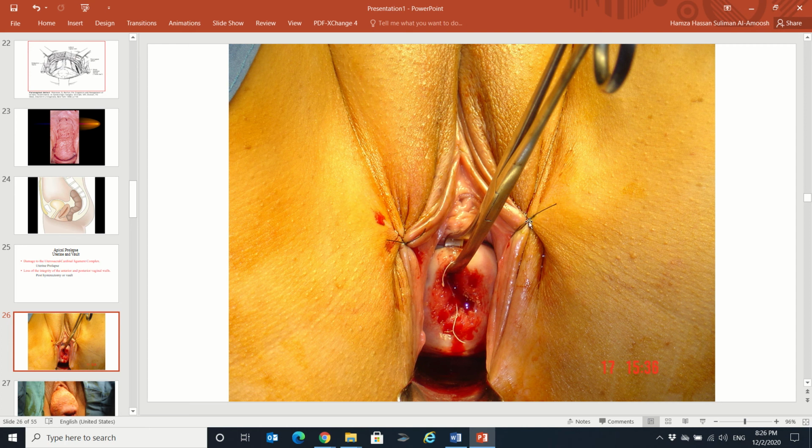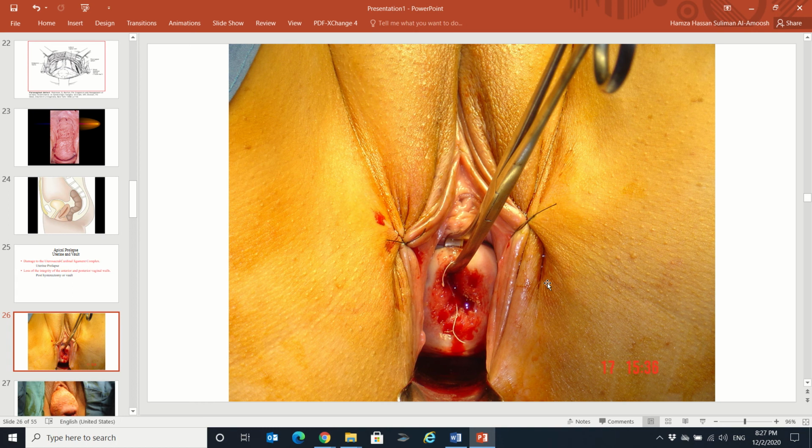As you can see, there are stitches here, so the patient is asleep during operation in theater, and this is the best time to assess for prolapse, because the way you assess prolapse is you pick up the prolapsing part and pull it down to see how far low it can reach, so you can define the degree of prolapse. But you can't do this when the patient is awake because it's painful.